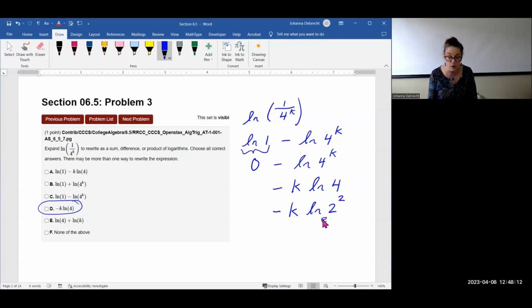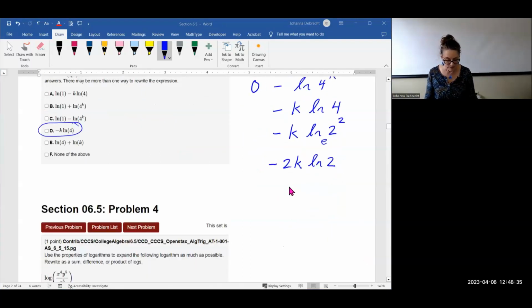But this is also a power on the answer part. Can I pull that to the front too? The answer is yes. So this becomes minus 2k, the natural log of 2, which of course is an answer choice, but they weren't intending for you to do that. But this is as simple as you can make this particular problem. This is as simple as it gets.